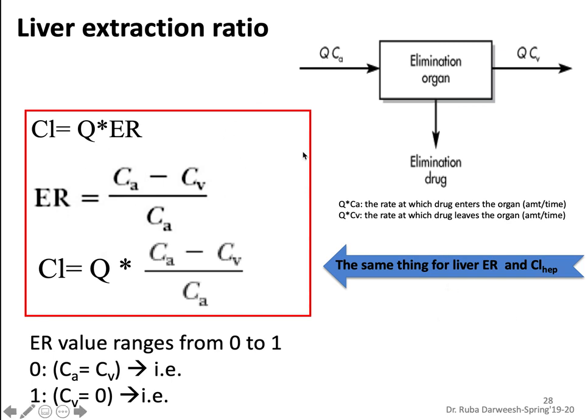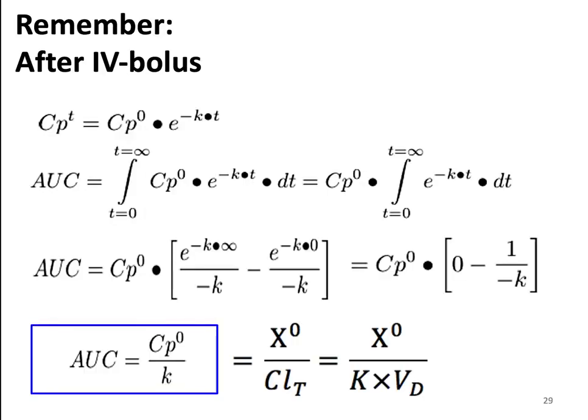The only difference here is that rather than organ X, we are talking about hepatic, with similar definitions and a similar way of dealing with it. Okay? This is a side note of whatever you already know about extravascular and IV bolus.